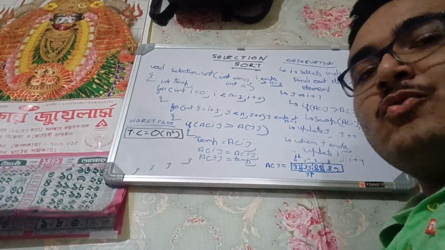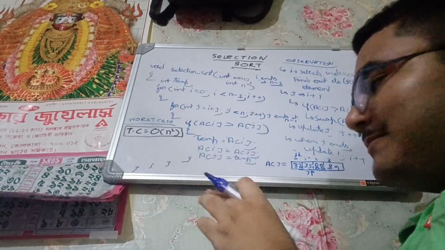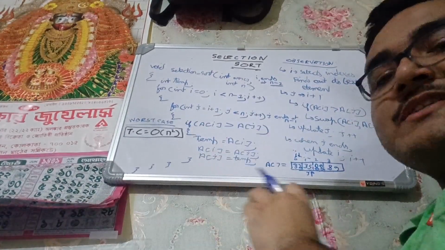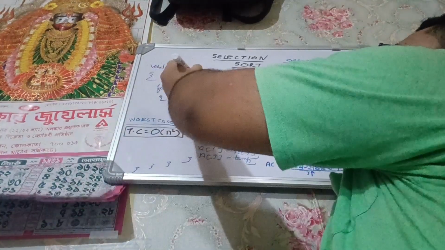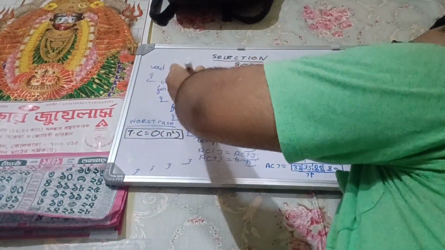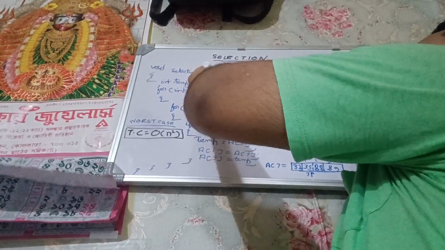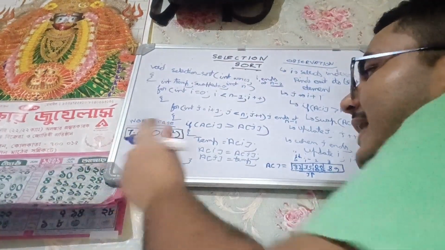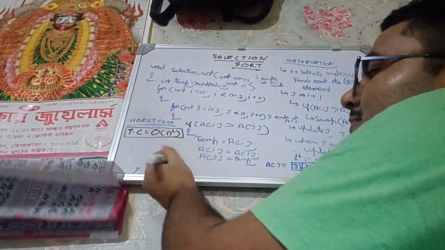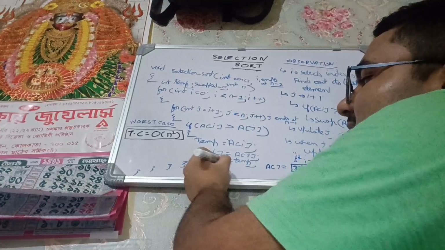So why go for so many extra iterations? Better, we can take one variable, say swapped equal to 0, and here we set swapped equal to 1, just like in the bubble sort case.